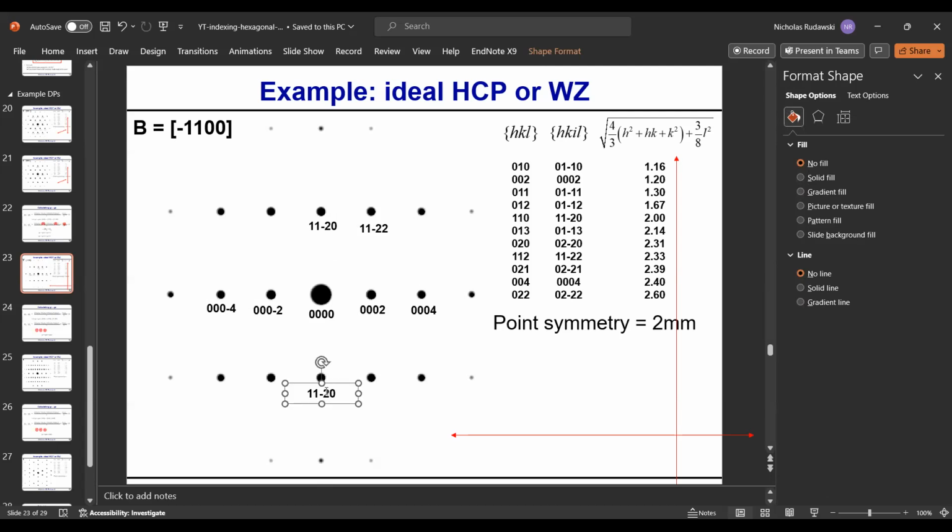This is the opposite, so that's 1 bar 1 0. That's 1 bar 2 2. That's the opposite.